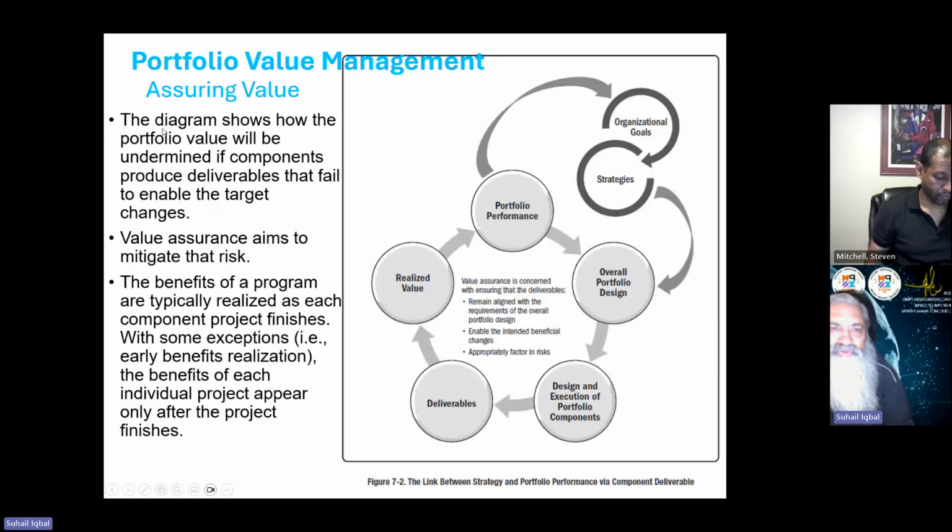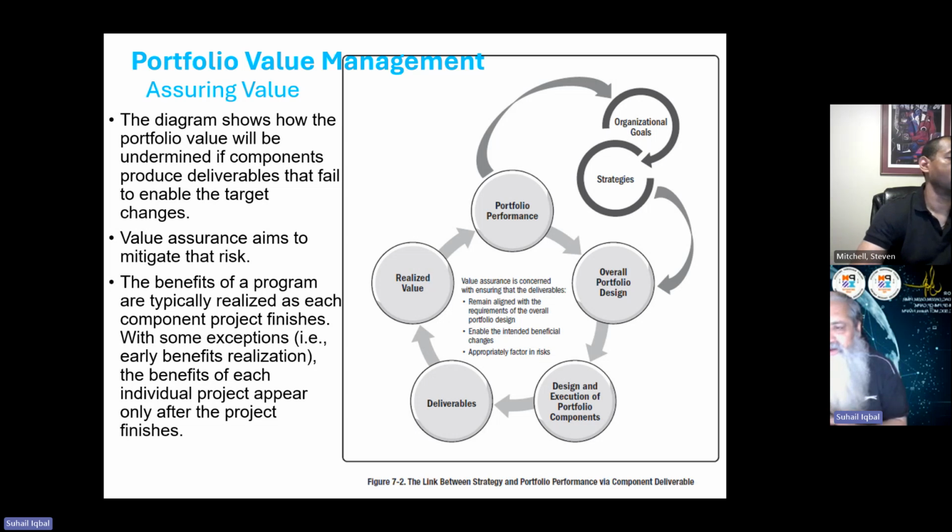In assuring value, this diagram shows how the portfolio value will be undermined if components produce deliverables that fail to enable the target changes. The project was supposed to deliver a deliverable, a product, service, or result. The program was supposed to realize certain benefits. If they fail in doing what they are supposed to be doing, ultimately they would not be contributing towards the strategy.